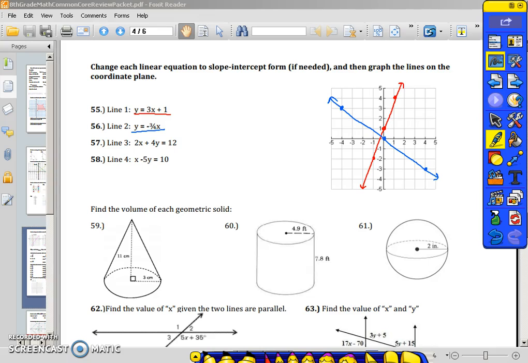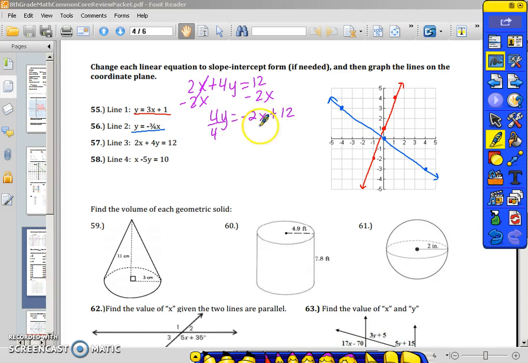For 57, it is not in slope-intercept form. So in order to do that, we want to get y by itself. First thing we do is subtract 2x from both sides so that we can get rid of it on the left side. That leaves me with 4y. I cannot combine 12 and -2x, so I just write them beside each other, bringing the x first so that it's in slope-intercept form.